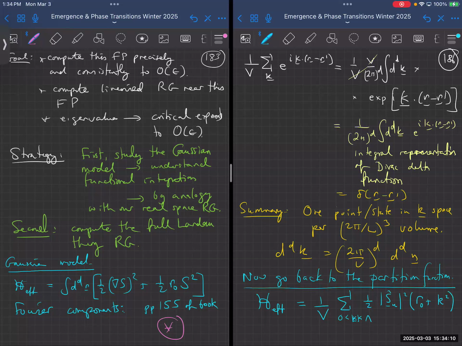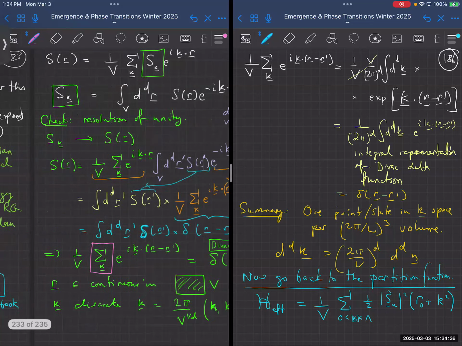So that's the Hamiltonian expressed in Fourier components. What I've done is write this on the left-hand side, grad s squared, my Fourier transform, it just gives me k squared times s squared, and then r naught times s squared just gives me s squared as well. So the Hamiltonian for the Gaussian model is completely diagonal in k space, and that makes it extremely easy to do the partition function.